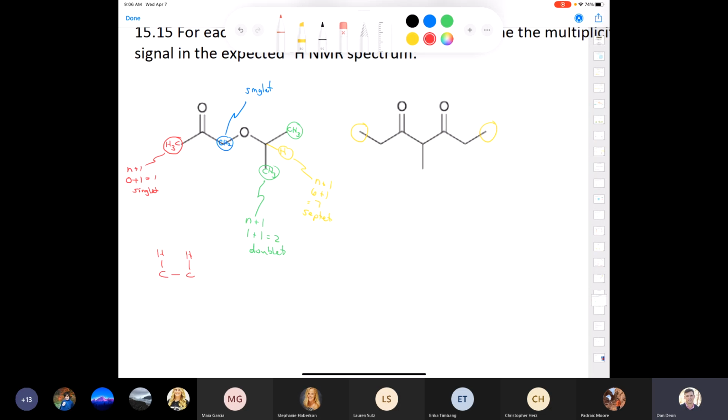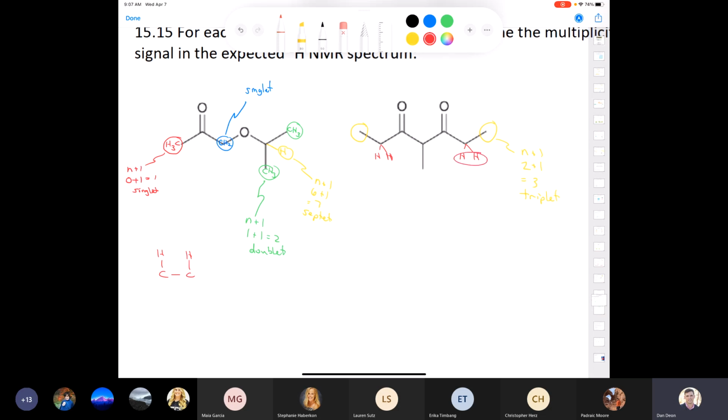Well, they're going to be split by the 2 protons here. Same thing here. These 2 protons are going to split, and again, they're all chemically equivalent. So for these methyl groups, we're going to have n plus 1. We have 2 neighbors plus 1, so that means we're going to get 3. That means the yellows are going to give you a triplet.